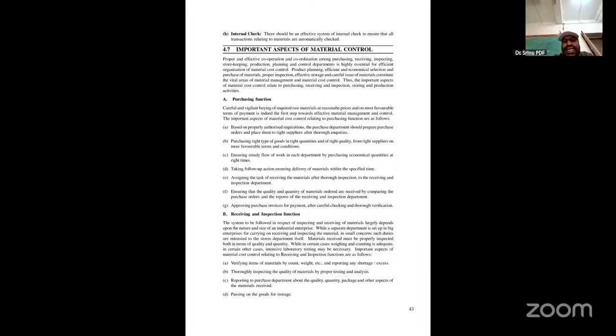Next one is the receiving and inspection function. What does it mean? Once the purchase department purchases the material, some department is going to receive it, and they check whether the received material is of the right quality and is the correct material.